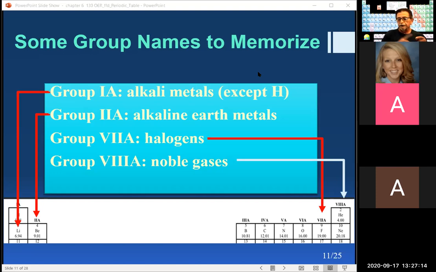Now, group 7 on the other side of the periodic table, where fluorine, chlorine, and bromine are, they have their own name. They're called halogens. You might be familiar with them because some of you are probably driving in a vehicle with halogen lamps, okay? And then the last group, as you well know, those have their own special name called noble gases.